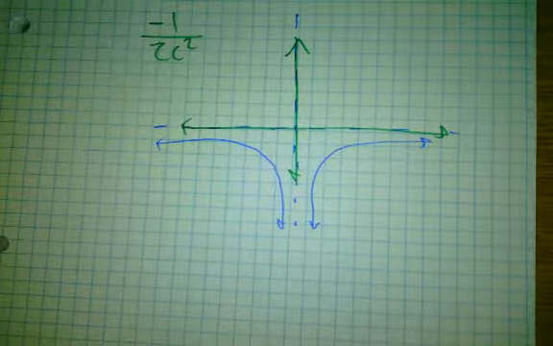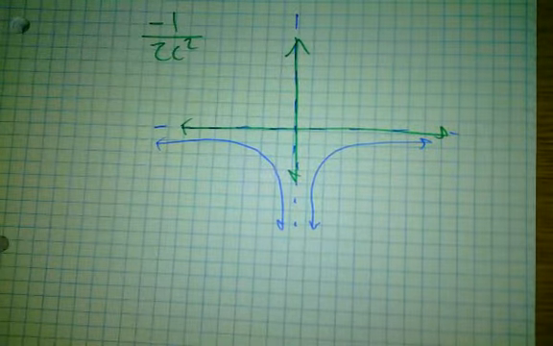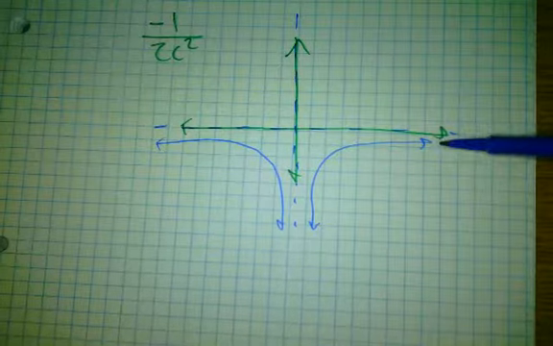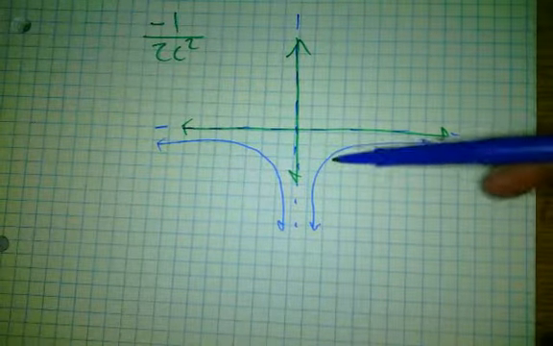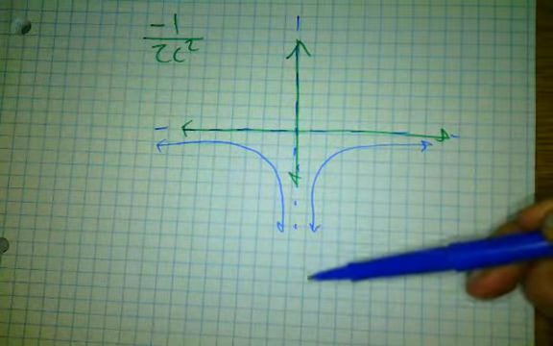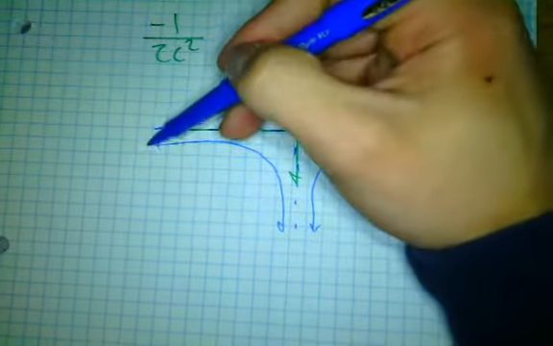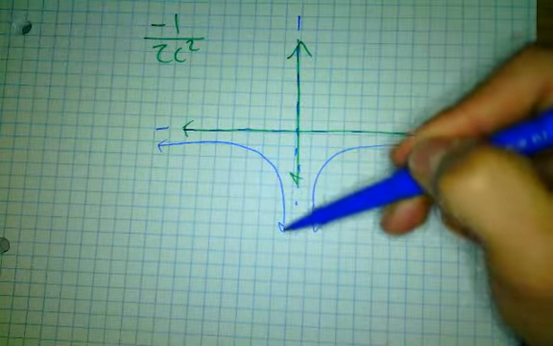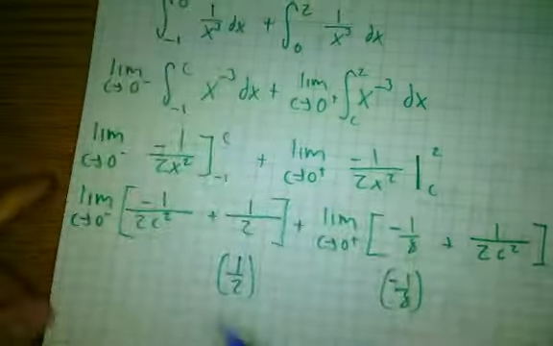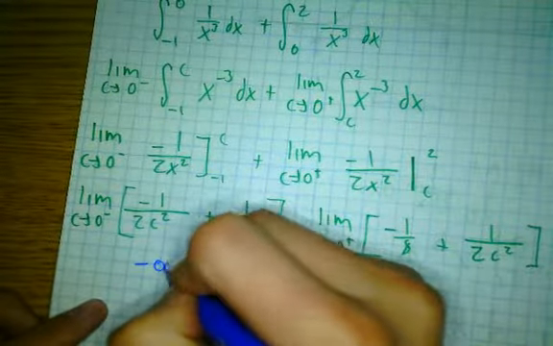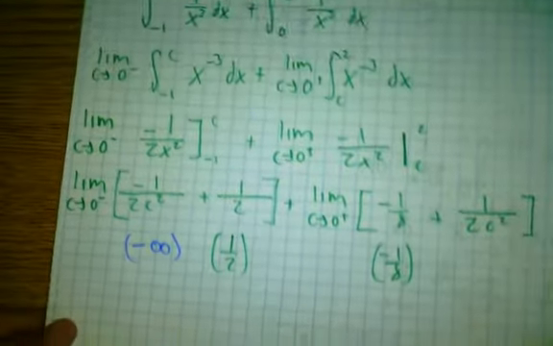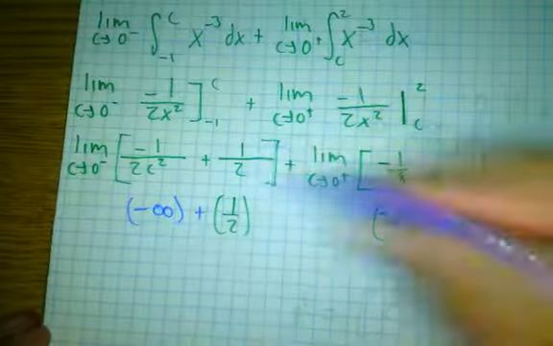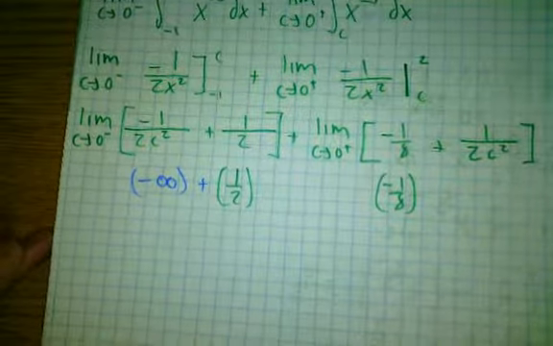The limit question was, what happens as you approach 0 from where? From the left. So as I am approaching 0 from the left, from the left, I am approaching negative infinity. So if I go back to the problem, that means that this is negative infinity. Now, adding 1/2 to negative infinity, is that going to do much?